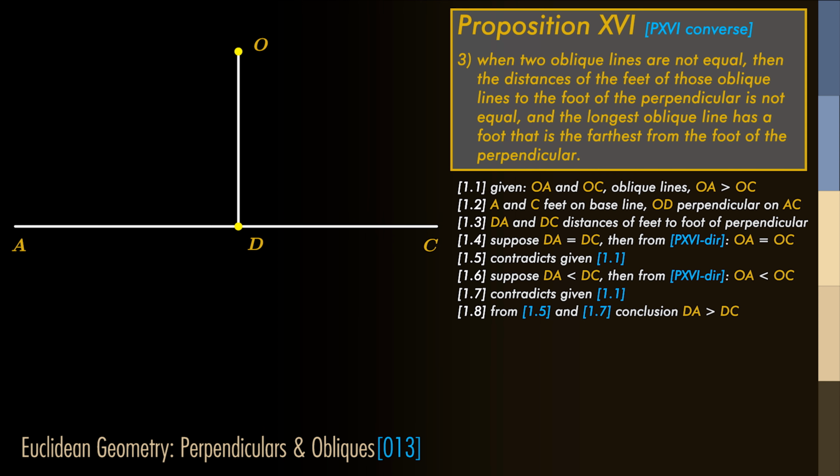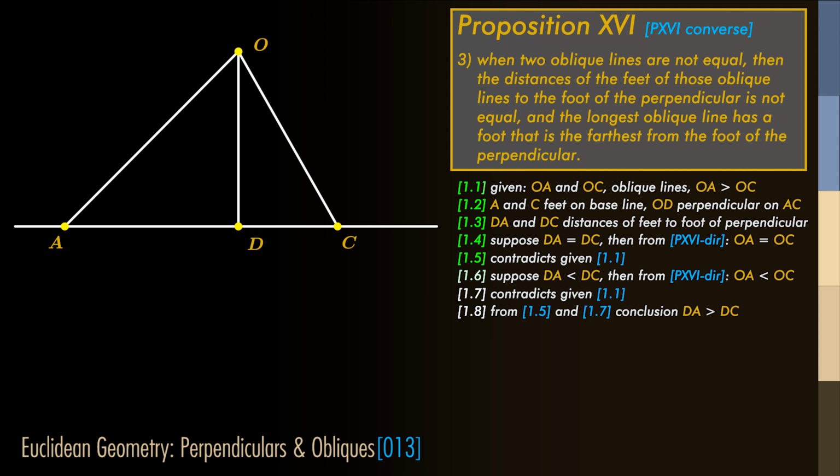And for the third statement, we consider two oblique lines OA and OC with OA greater than OC. The feet we call A and C. If the distance of the feet to the foot of the perpendicular were the same, then the direct proposition tells us that the oblique lines are equal, which conflicts with the assumed.